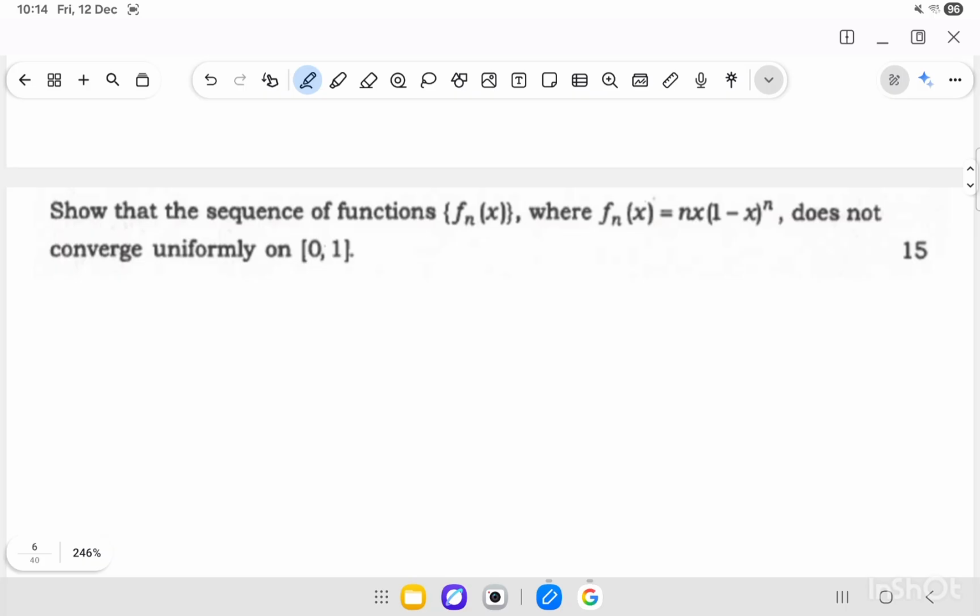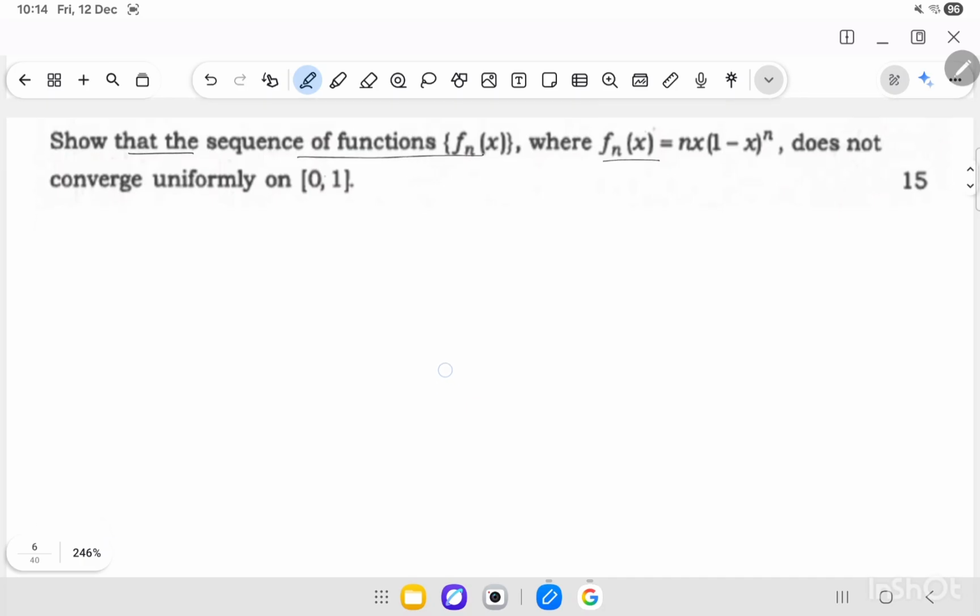So the next question is, show that the sequence of functions fn(x), where fn(x) is defined as nx times (1 minus x) raised to n, does not converge uniformly on the closed interval 0 comma 1. So let's first check its pointwise convergence.